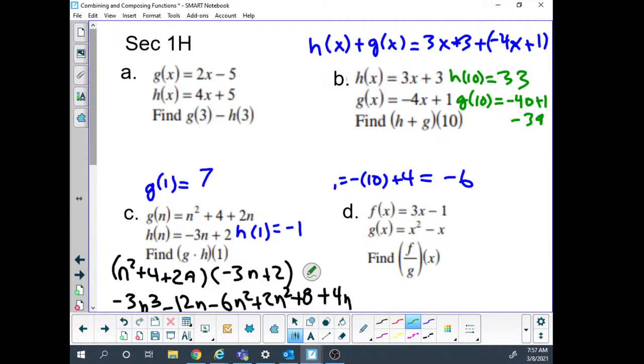So I did g of x equals 2 times parentheses 3 minus 5, and h of x was 4 times parentheses 3 plus 5, which means it's 6 minus 5 is 1, and then 12 plus 5 is 17, and then 1 minus 17 is negative 16. Anybody else get negative 16?